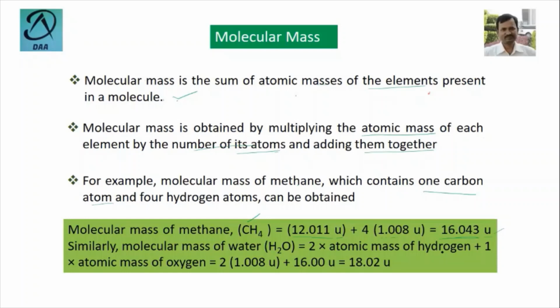Similarly, for the molecular mass of water, if you calculate in the same way, the value will be 18.02 U or AMU. I think you now understand molecular mass very clearly.